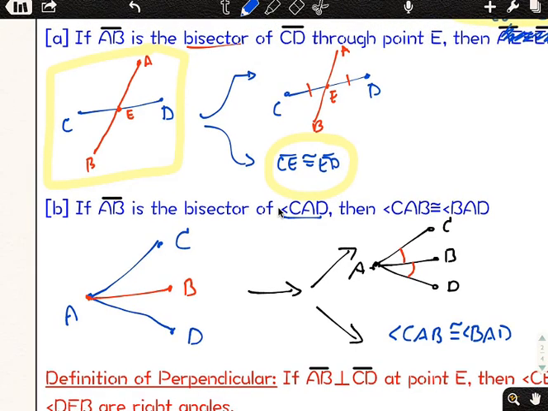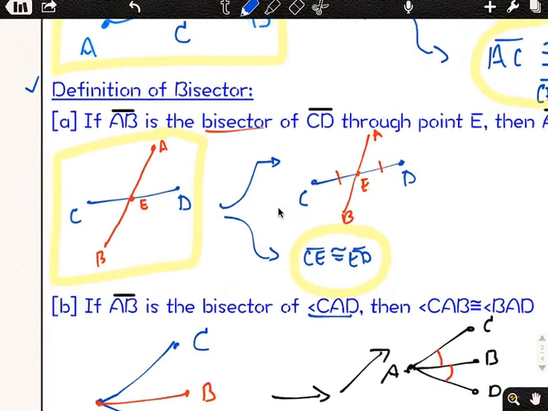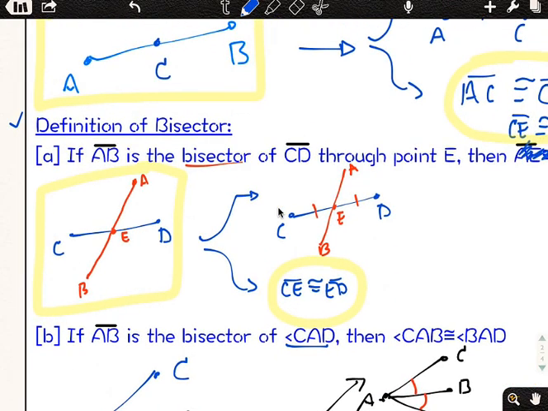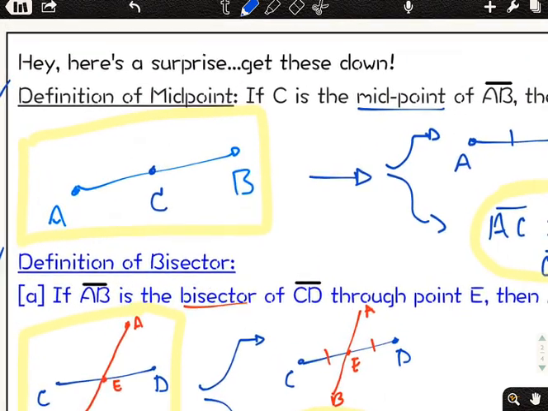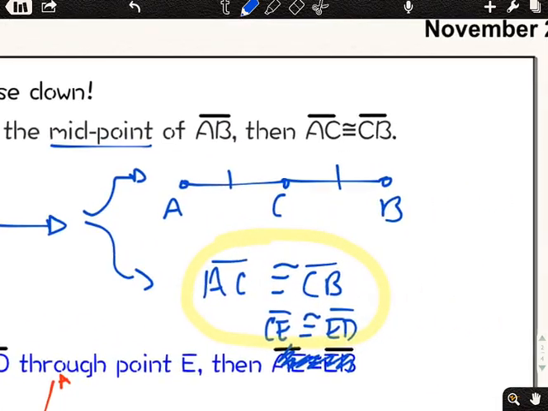In the most simplistic kind of way, what this basically says is, if I cut an angle in half, then each of those parts should be the same. That's all it says. That's all this one says too. If I cut a segment in half with a line, each of those two partial segments are now congruent as well. And then of course, if I cut a line in half with a point, then those two parts are congruent.